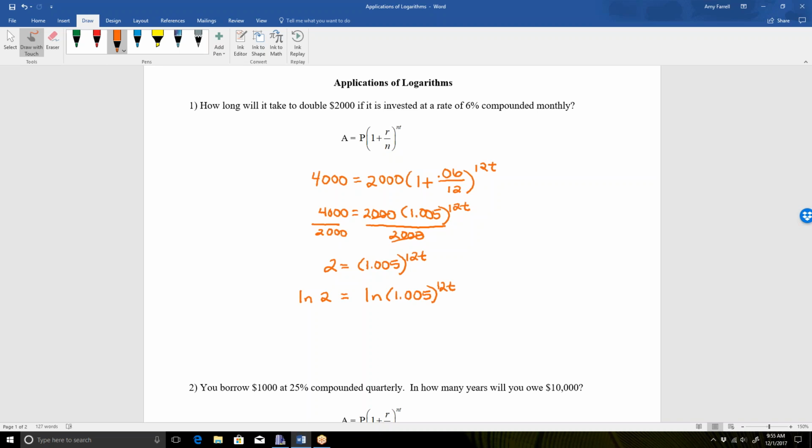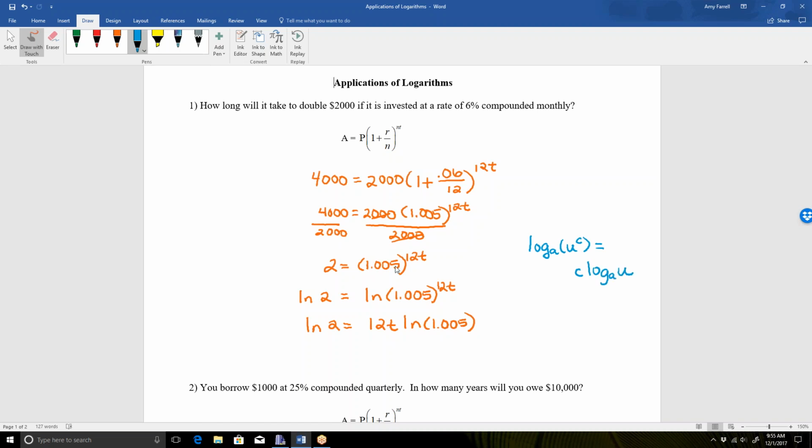Then I'm going to take this 12t and move it down in front and make it a coefficient, or a multiplier, if you want to call it that. So this is one of our laws of logarithms. Let me write it over here in a different color: log base a of u to the c power is equal to c times log base a of u.